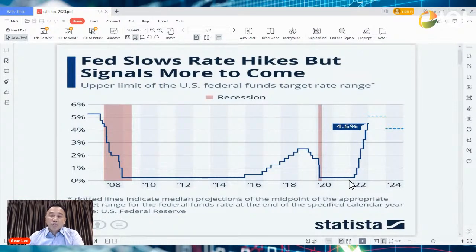But since 2022, just a year ago, the rate has gone up from 0.25% all the way to 4.5%. So not only does it have a very sharp increase, but also a very significant momentum. This is where we are now as of last week.